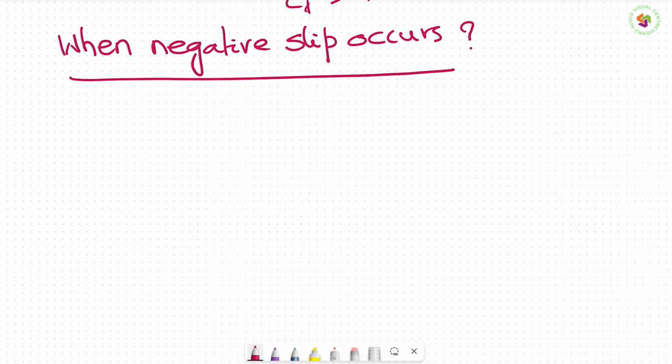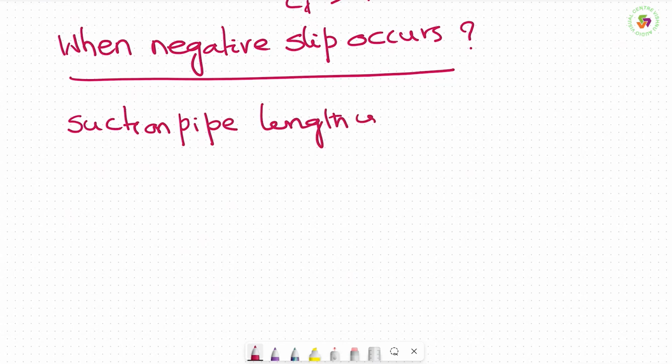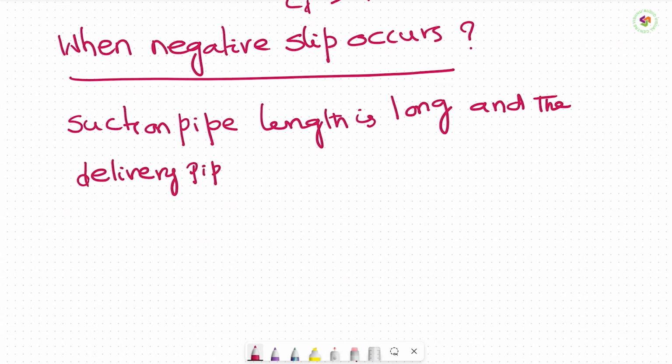Number one, if the suction pipe length is very long and the delivery pipe length is small. By length I mean vertical length.